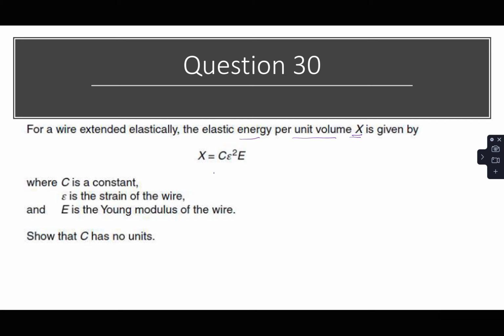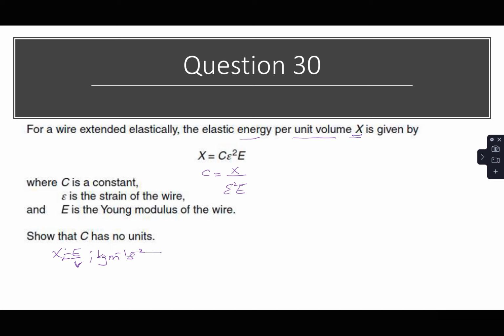Because we are to show that C has no units, let's begin by making C the subject. So C is equal to X divided by epsilon squared times Young modulus. Remember, X was energy per unit volume, and in the previous example we have already seen its units: kilogram per meter per second squared.